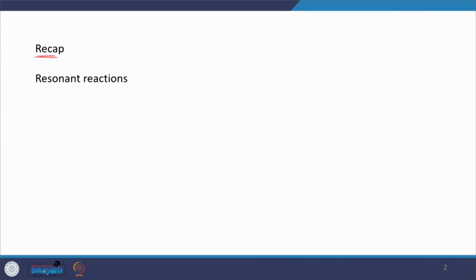So, let us quickly go through the content of the previous lecture, where I have spent some time on the non-resonant type of nuclear reaction, where sigma is a smooth dependent function of energy, and the resonant reaction, which is contrary to this, where sigma varies dramatically at a few energies of projectiles, which we call resonant energies.